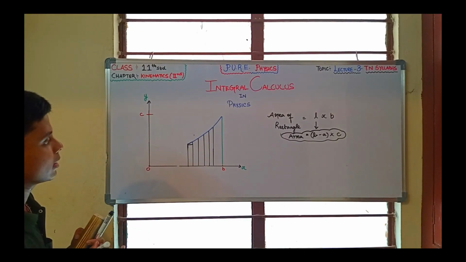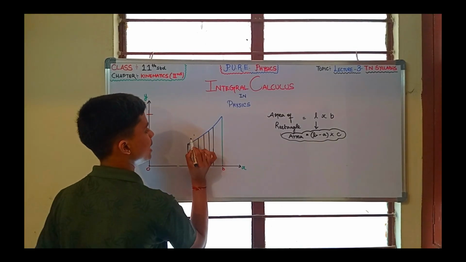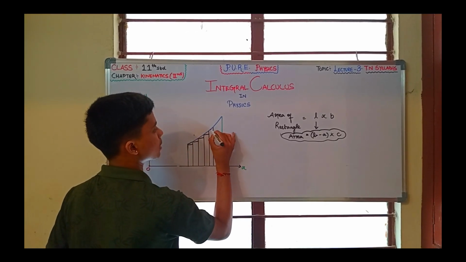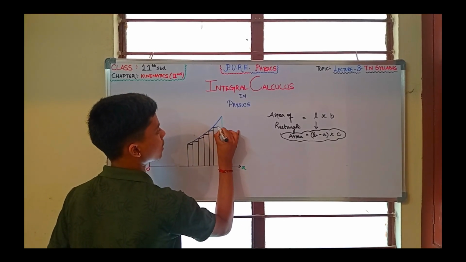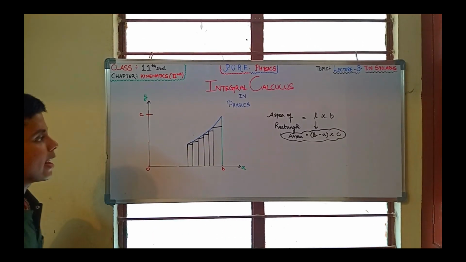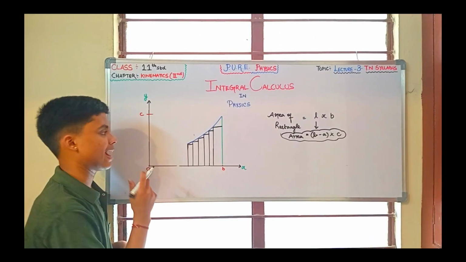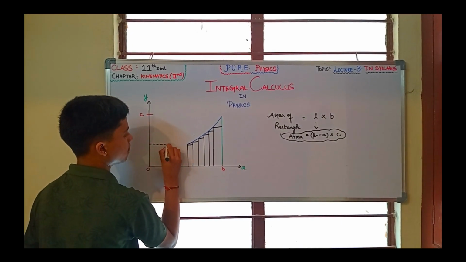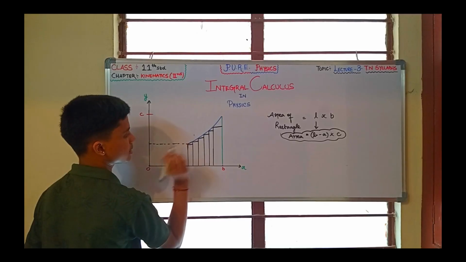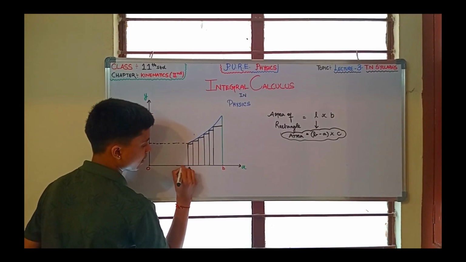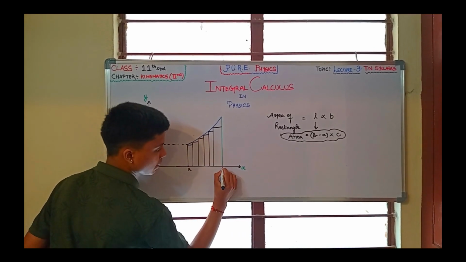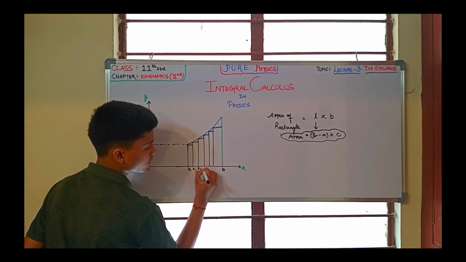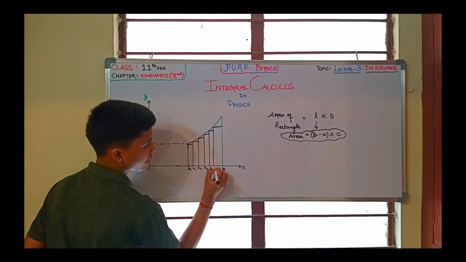Now I need to join. I'll just put a line touching each strip like this. Okay. Now I need to plot it in the y-axis. So I'll be drawing a line so that it touches every point of the strip. So this touches the strip. So this will be my point A. This will be my point A and this will be my point B. And this will be x1, x2, x3, x4 and x5.